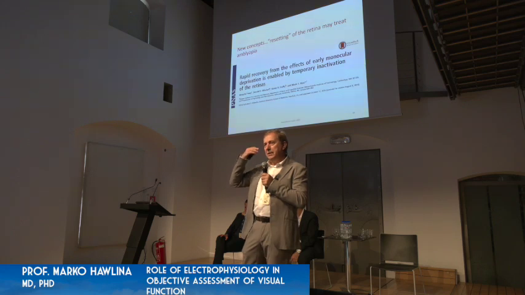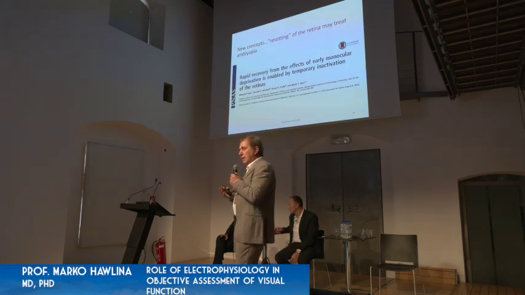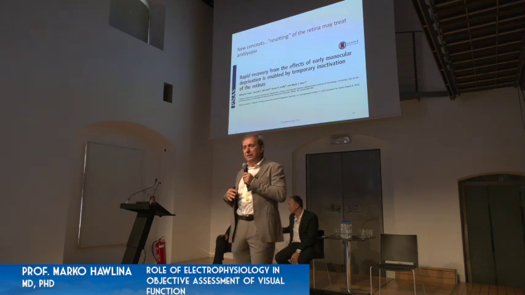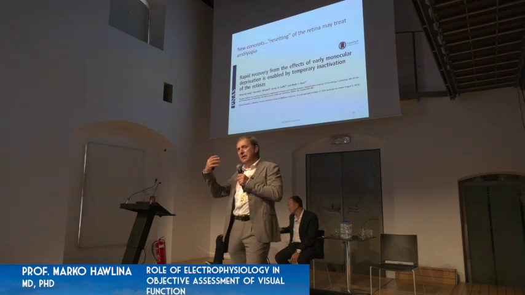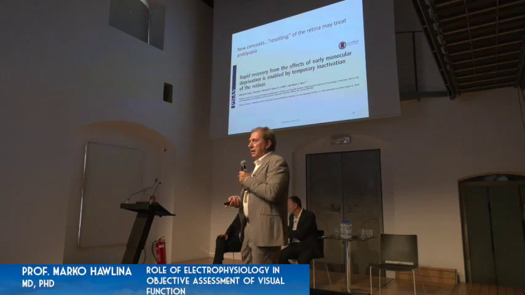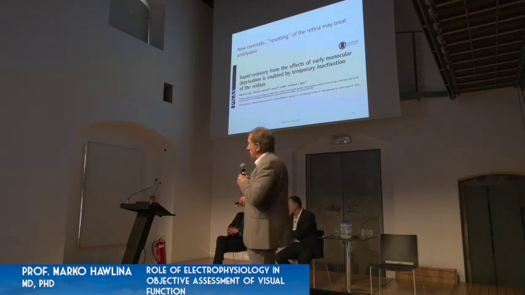But then tetrodotoxin, after it washes out, the retina starts to work again. The studies showed that amblyopia can be actually alleviated after this reset. So a lot of studies go into how to reset the retina, and maybe we will have in the future possibility to actually treat amblyopic children after the critical period.